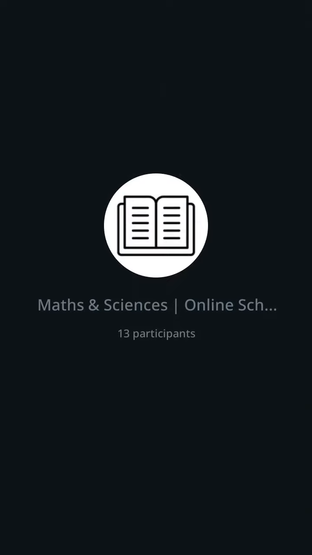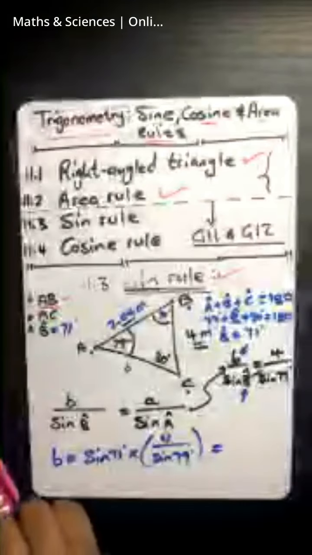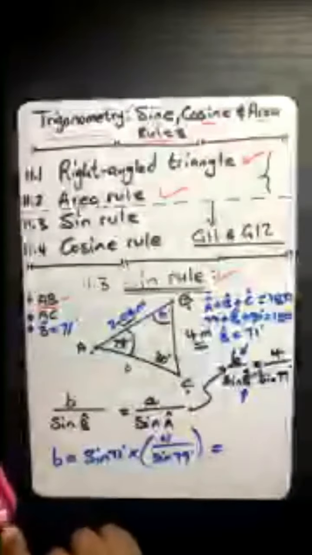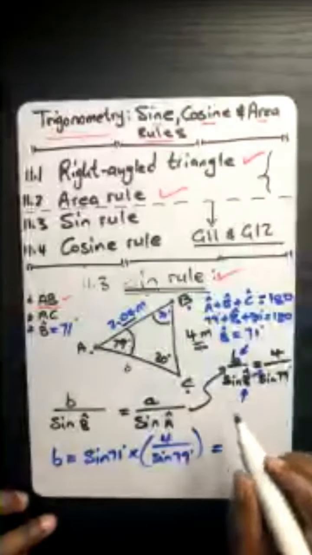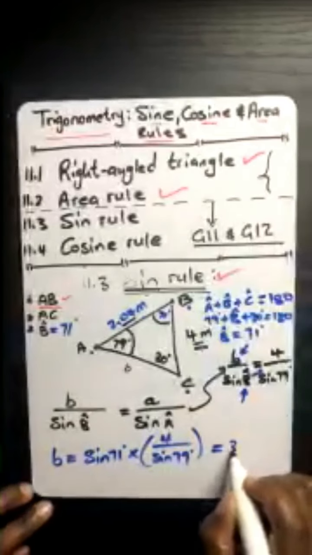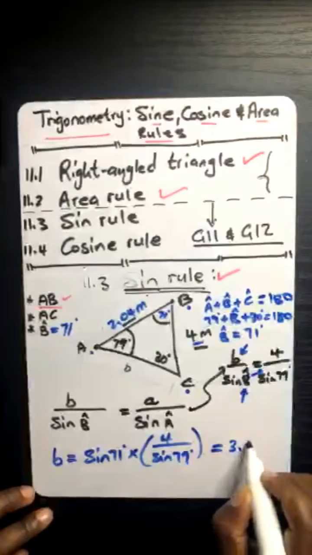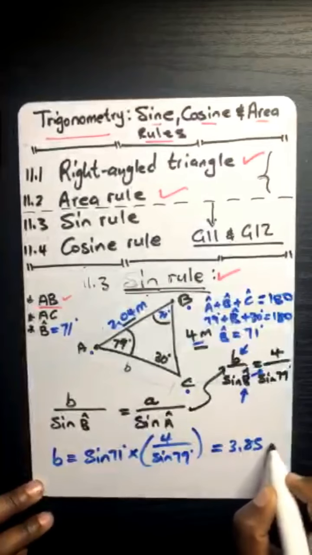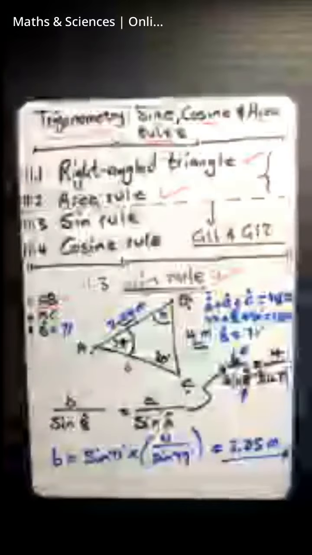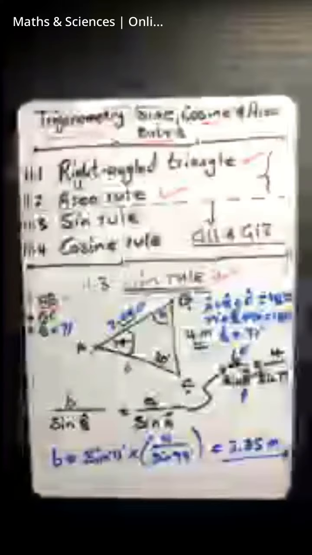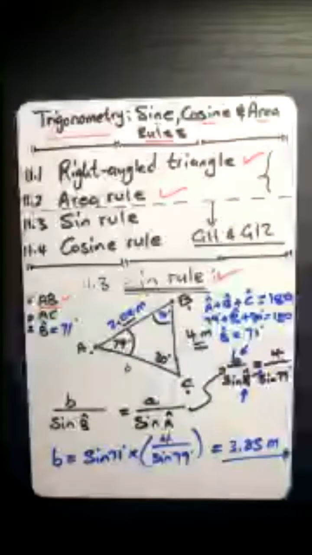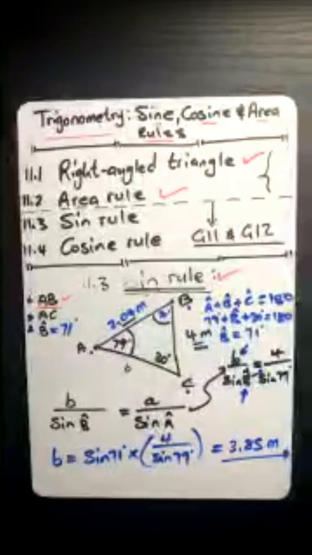It's 3.85. Are you all getting 3.85? Yes, I'm getting the same answer.